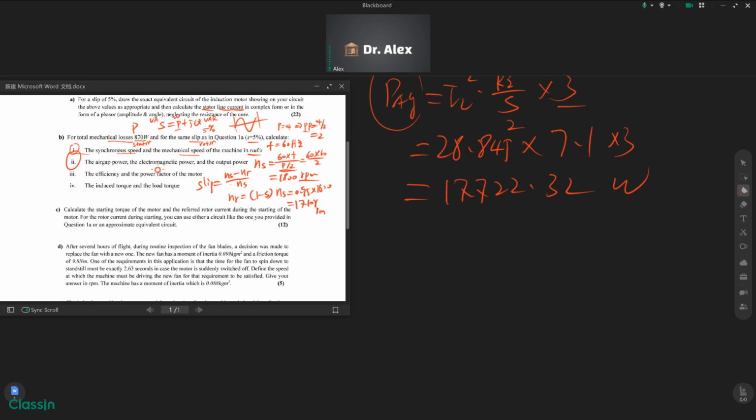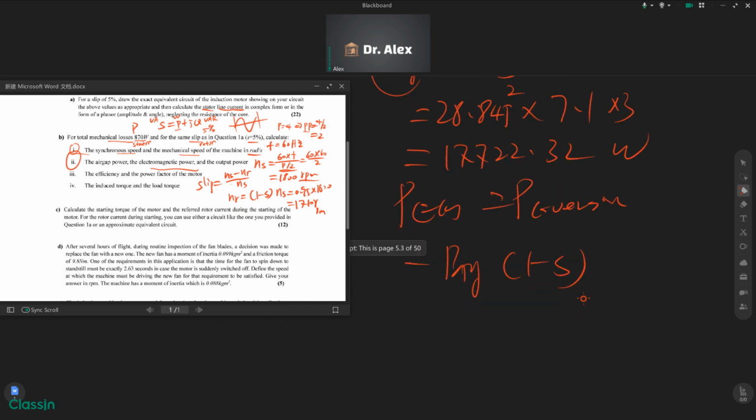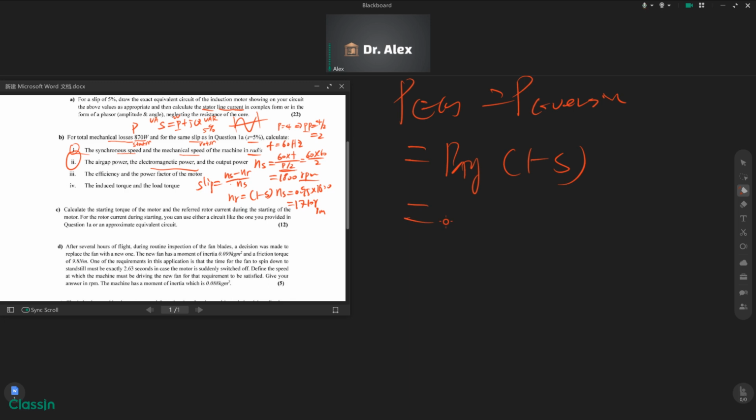So second, the EM power, which is the power conversion, equals air gap power times 1 subtract S. So which is 17722.32 times 1 subtract 0.05, which is 16836.2 watts. That's the EM power, or conversion power.